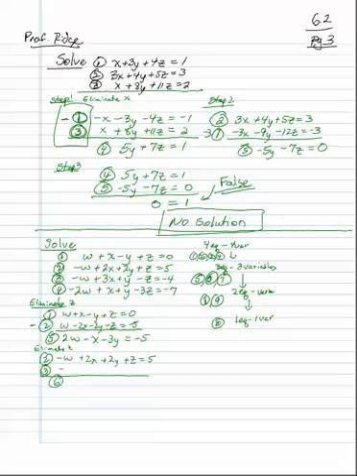So 3 is negative w plus 3x plus y minus z equals negative 4. And that gets me negative 2w plus 5x plus 3y equals 1. And we got to do it one more time.